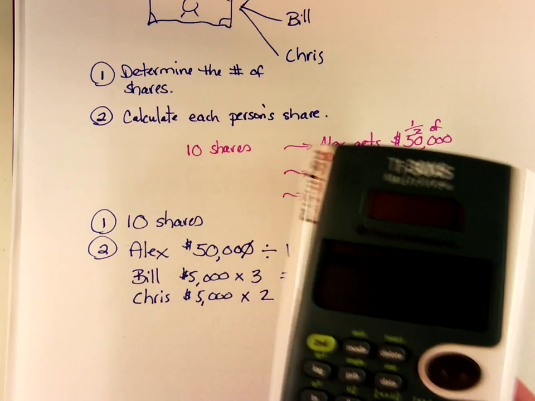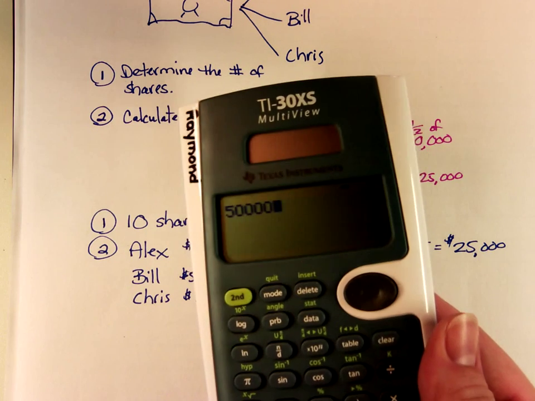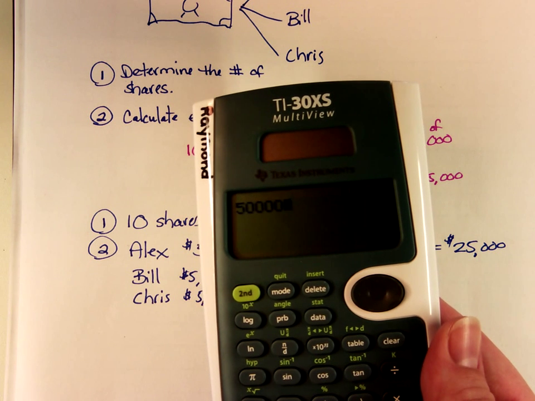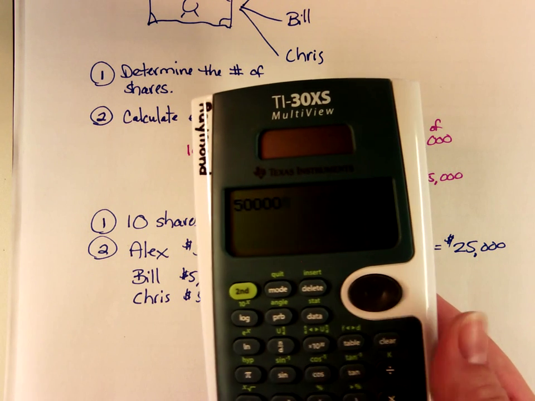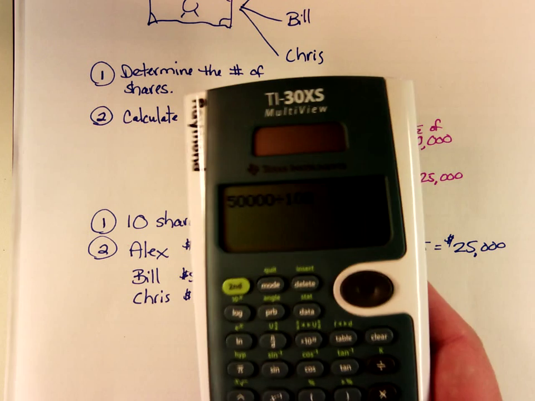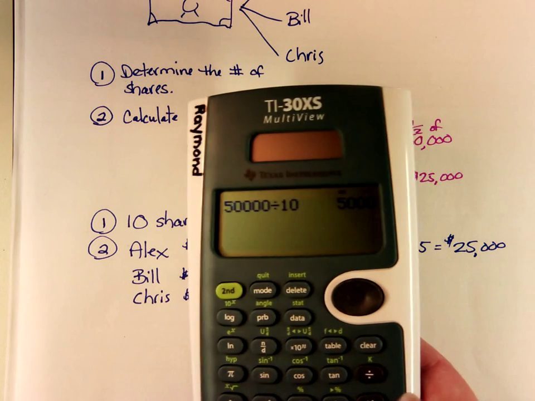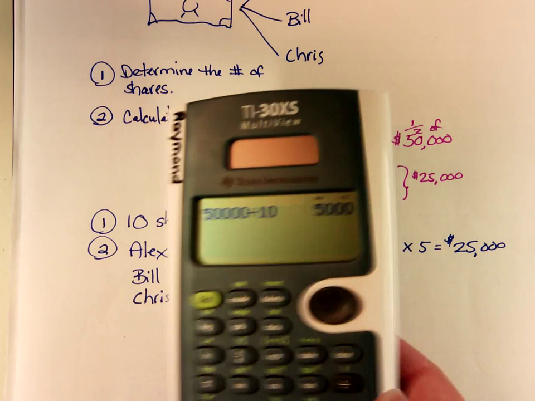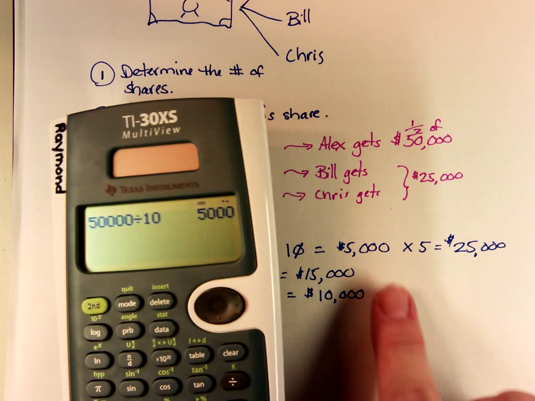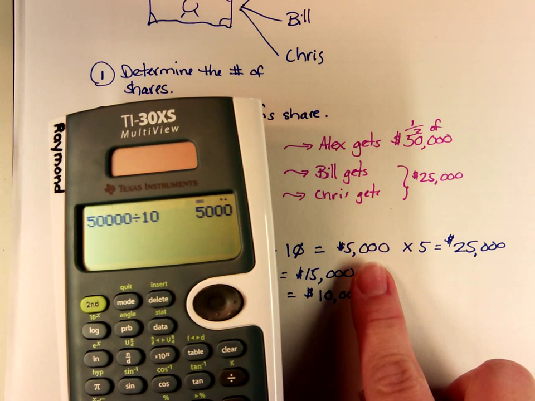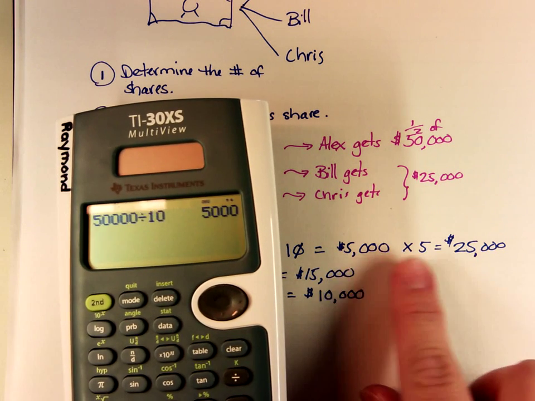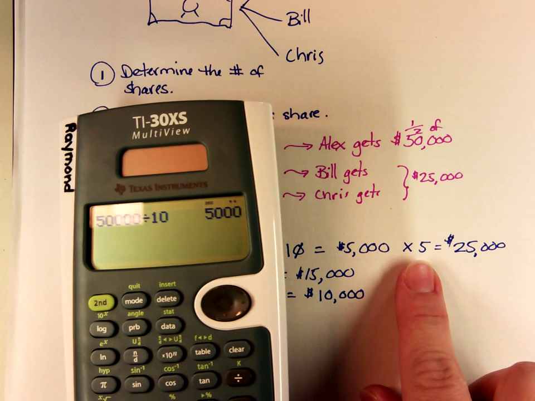Wouldn't that be nice? 50,000. Divide that by 10 shares. And I get 5,000. And that's what I said. $5,000 per share. 5,000 times 5 would give us Alex's.